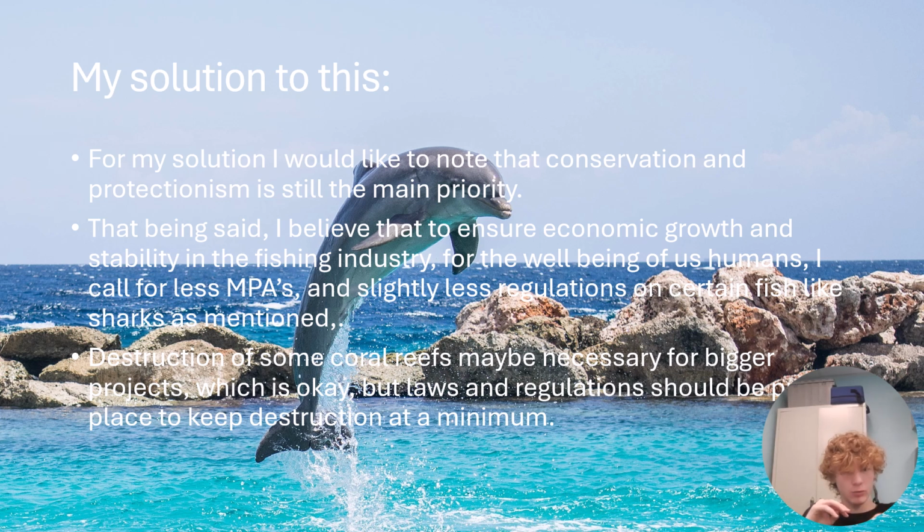So I will employ that, removing some zones, but having more regulations in those zones. Also, for fish like sharks, they have very strict laws where you can only get a couple of sharks, like two of them at a time. There should be fewer regulations.